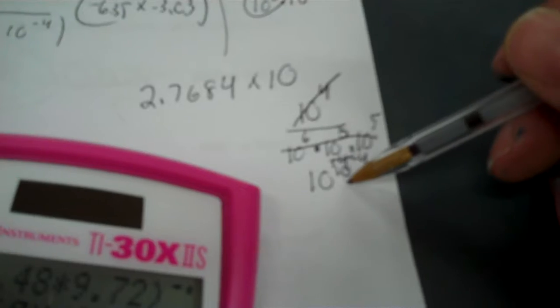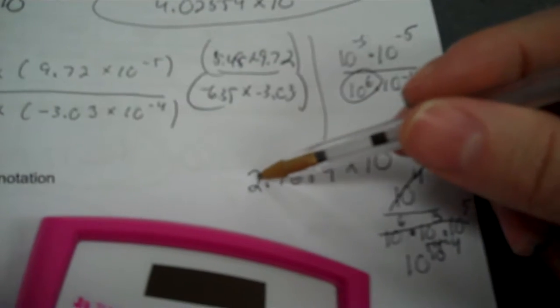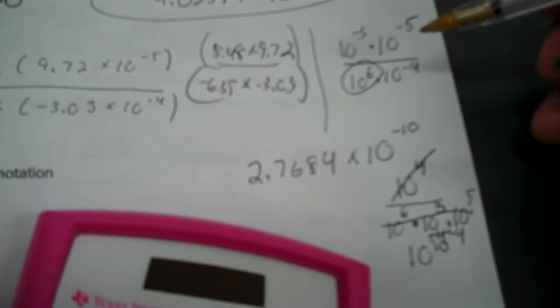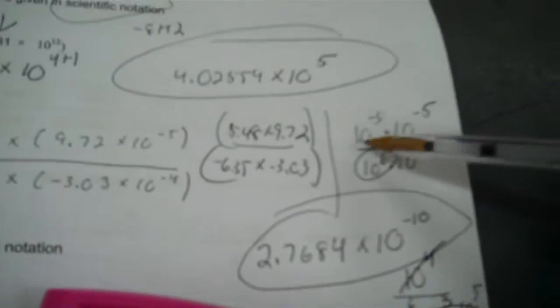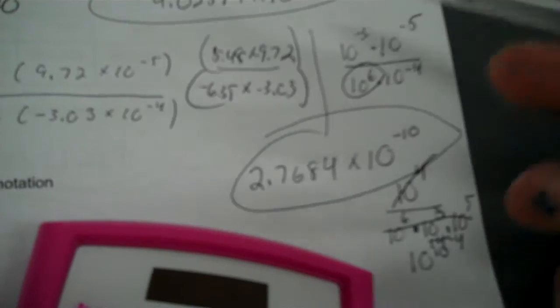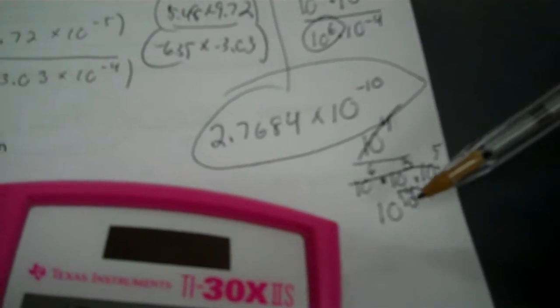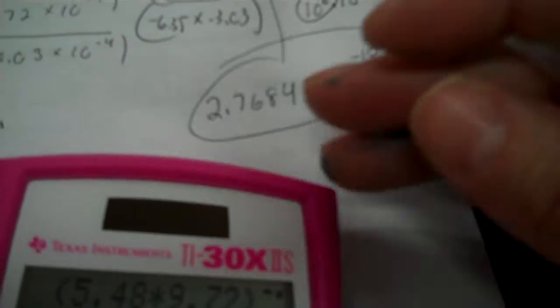But since it's on bottom and not on top, you put it to the negative 10th power. And you only have one digit before your decimal. That's a good thing, so that's your answer. So remember, write out your powers of 10, move the negatives to the other side so they become positive. Combine your tops and bottoms and then find the difference, okay?